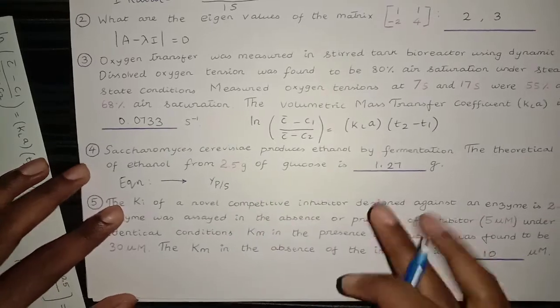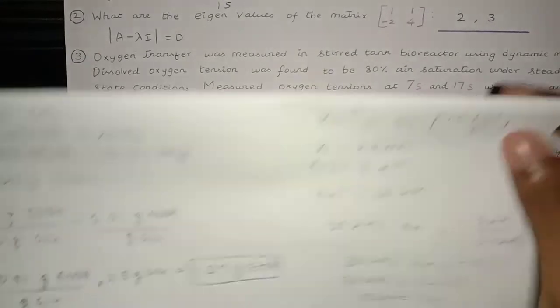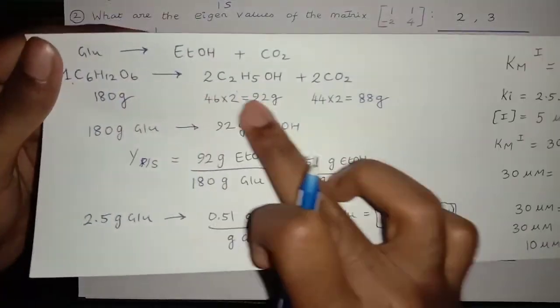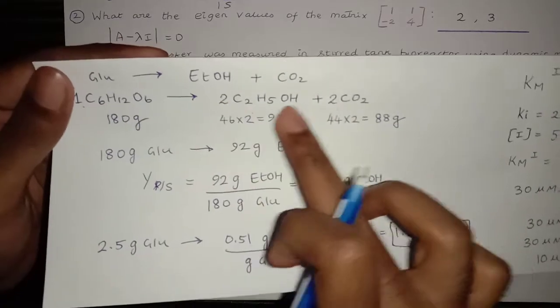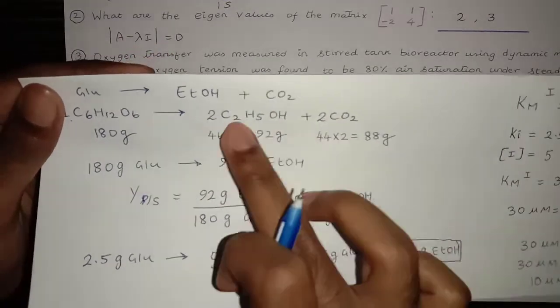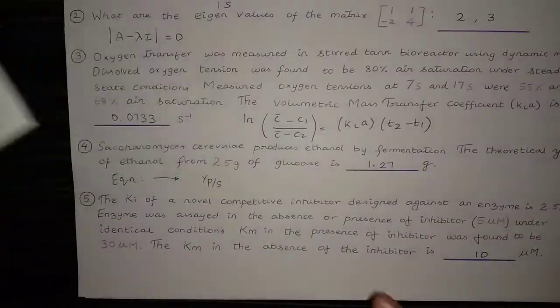Here the substrate is glucose. We arrive at the mass of product. Say we balance the equation which governs the fermentation by Saccharomyces cerevisiae, which produces 2 moles of ETOH, C2H5OH, and we got say 1.27 grams of ethanol per 2.5 grams of glucose.